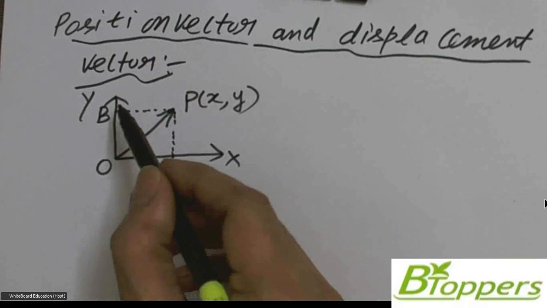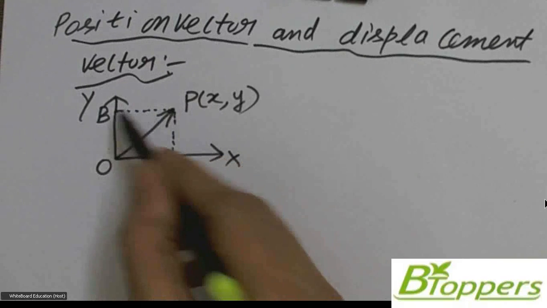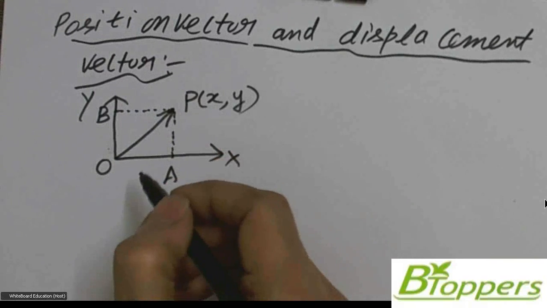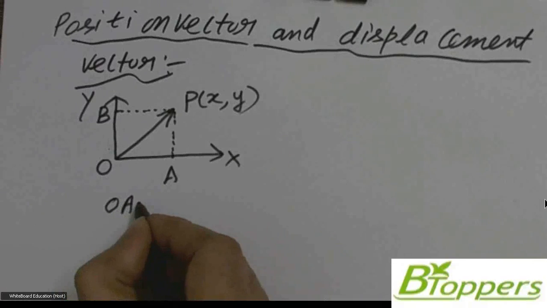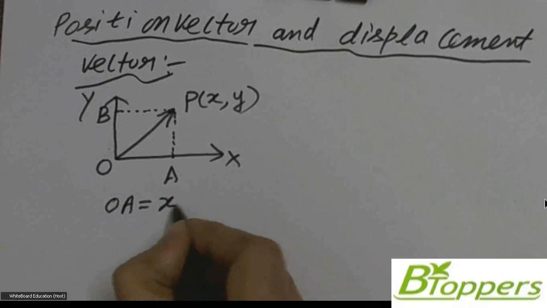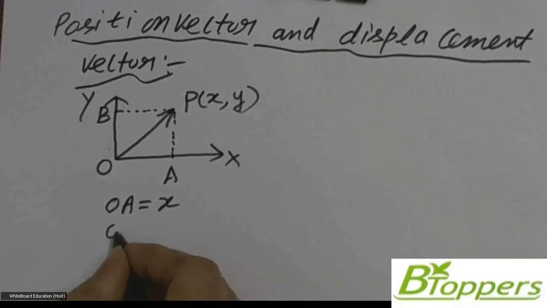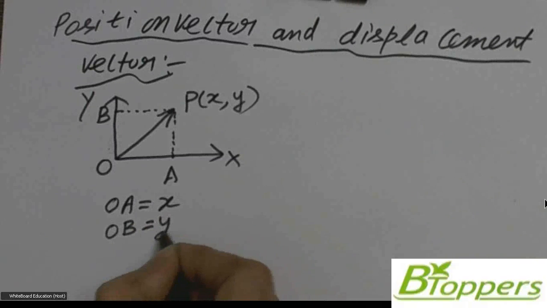B is the foot of the perpendicular dropped from the point P on the y-axis. So in the figure, the length of the line OA, as you know, we call abscissa or x-coordinate. The length of the line OB, we call it ordinate or y-coordinate.